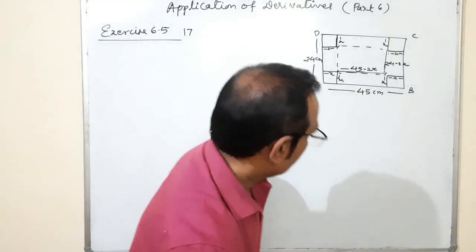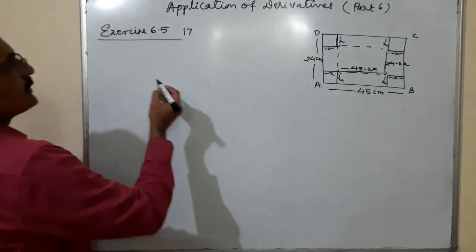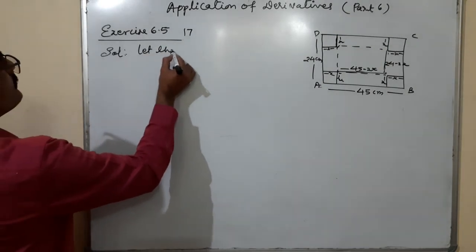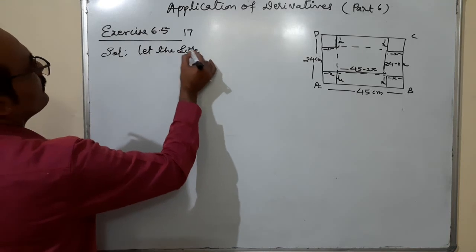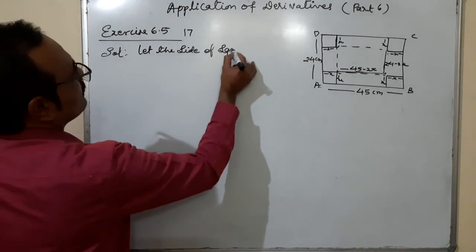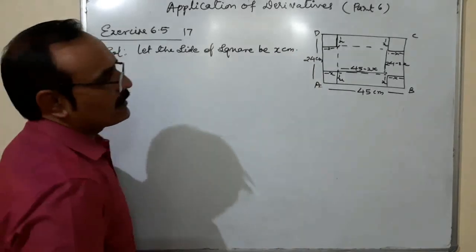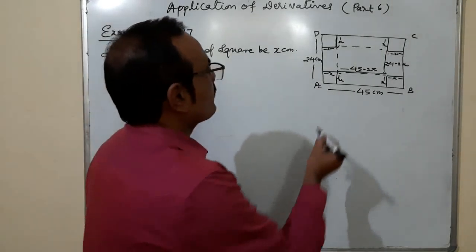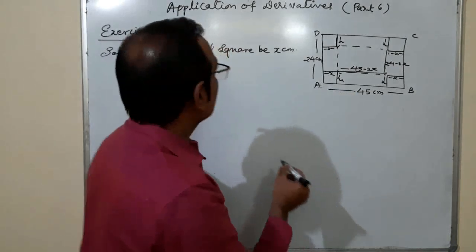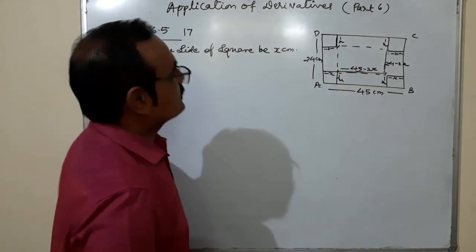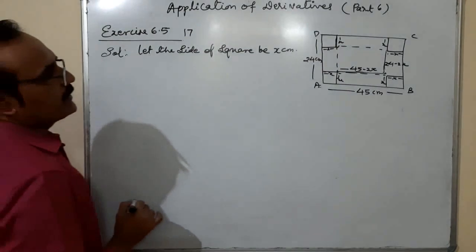Okay, right. So we'll consider, let the side of the square which is to be cut off from this sheet be x centimeter.